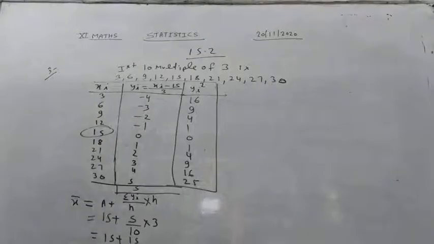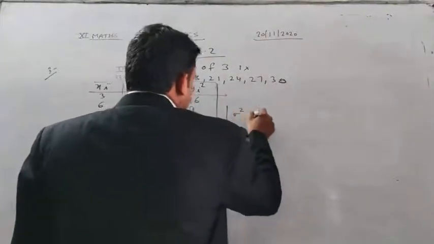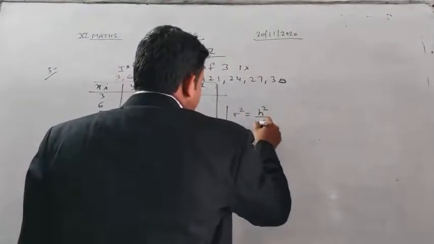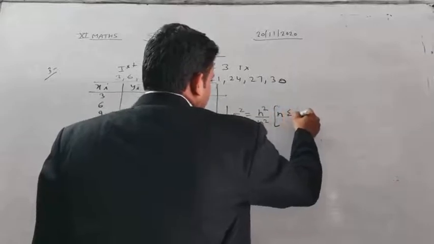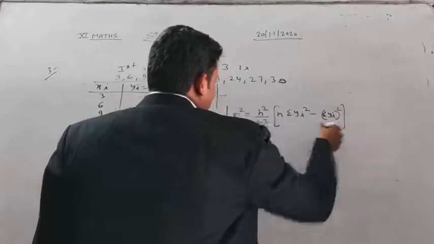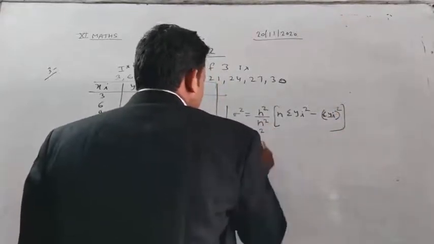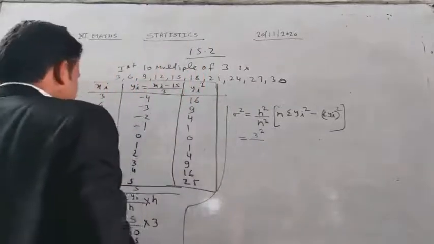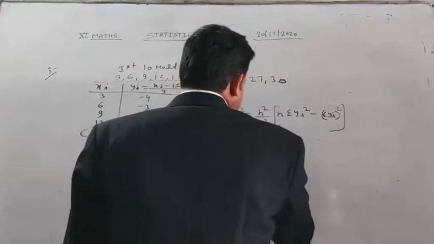Now we have to find out our variance. To find the variance, we will use the formula sigma square is equal to h square by n square, under bracket, n summation yi square minus summation yi whole square. H is 3, so we write 3 square. N is 10, so 10 square.